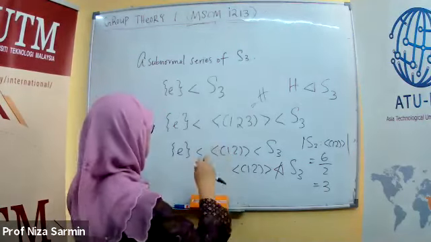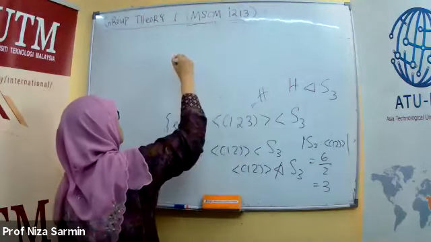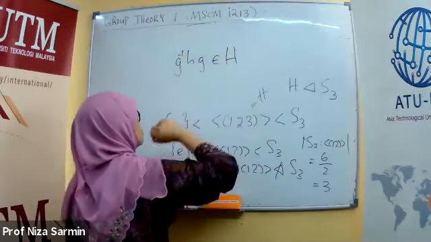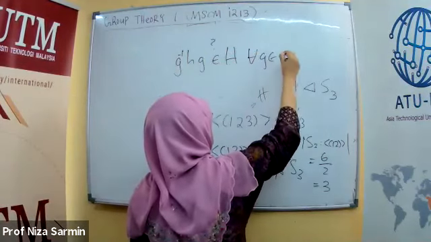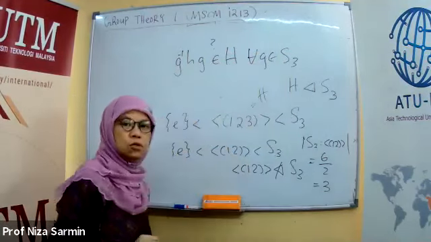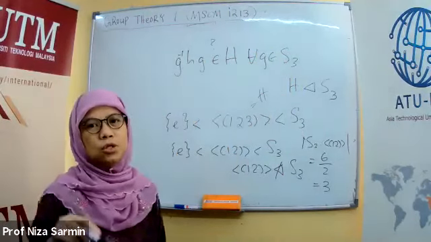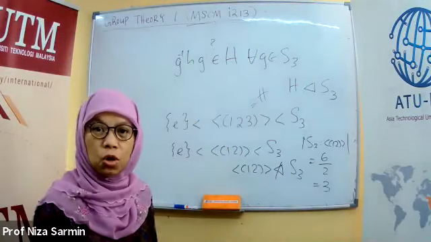Or you can use normality: G inverse HG, is it in H, right? For all G in S3. So you can also show, this is easier. You don't have to list all 3 left and all 3 right cosets.